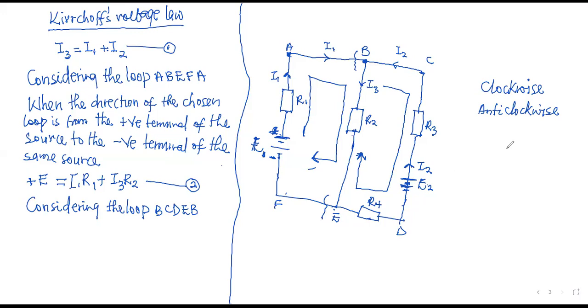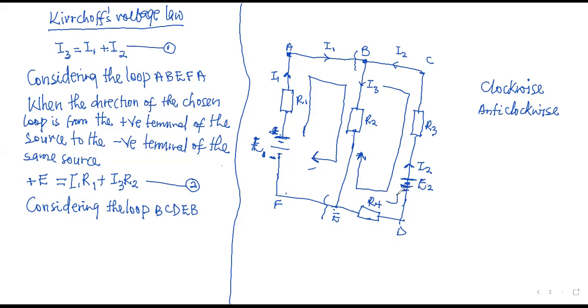So let's look at the rule. If the direction of the loop is from the positive terminal and enters the negative terminal, then the EMF is positive. If the direction of the loop is from the negative terminal and enters the positive terminal, the EMF is negative. So we picked a clockwise loop. So when we follow, let's even follow from here.